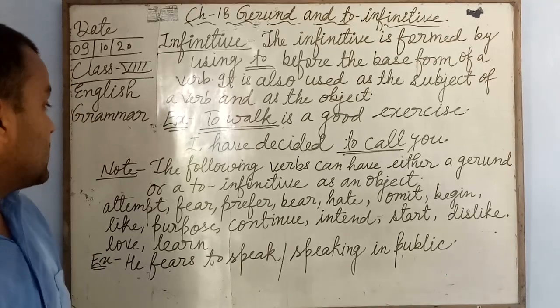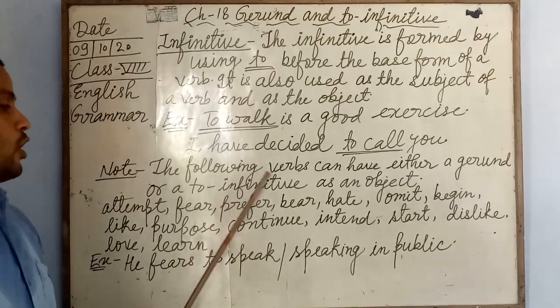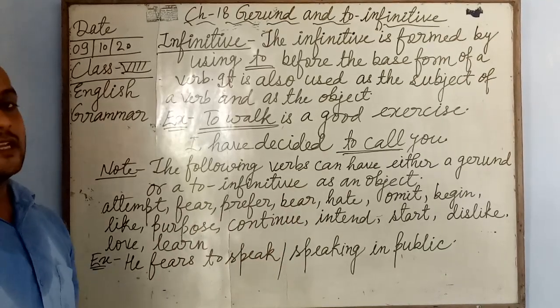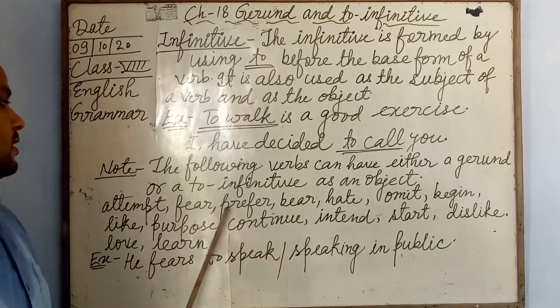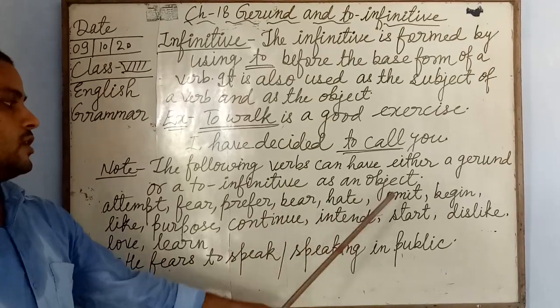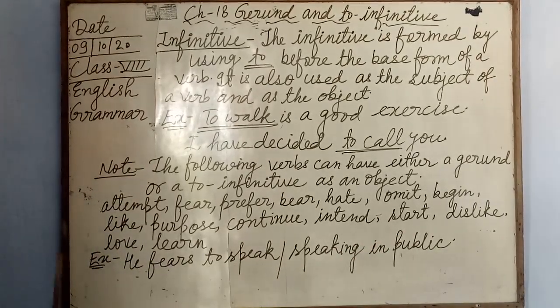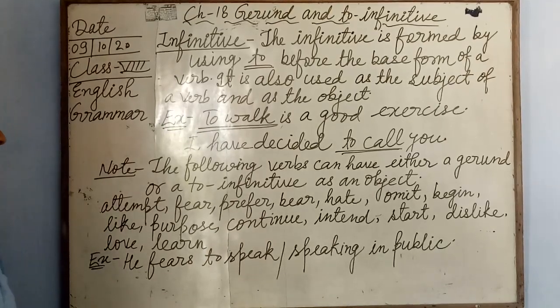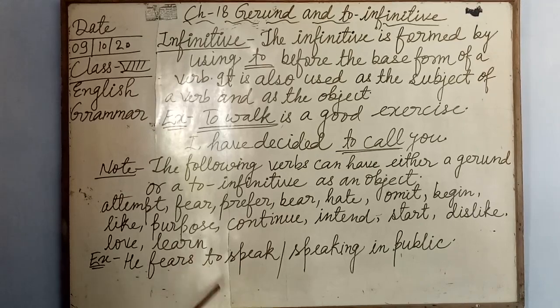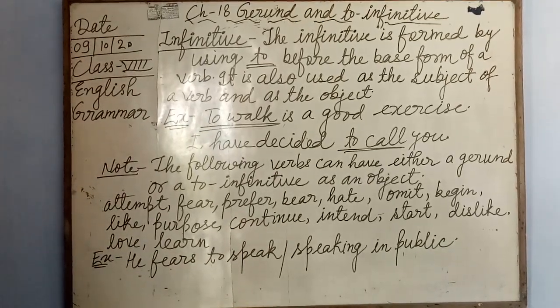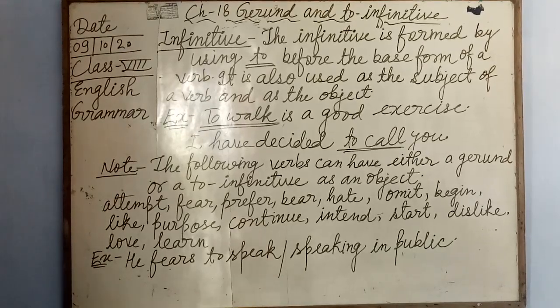Okay, now see some rules here. The following verbs can have either a gerund or a to infinitive as an object. Attempt, fear, prefer, bear, hate, omit, begin, like, purpose, continue, intend, start, dislike, love and learn. These are the verbs and these verbs are followed either by the gerund or by infinitive.